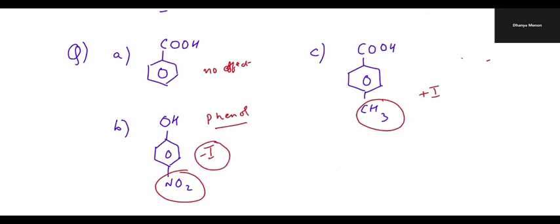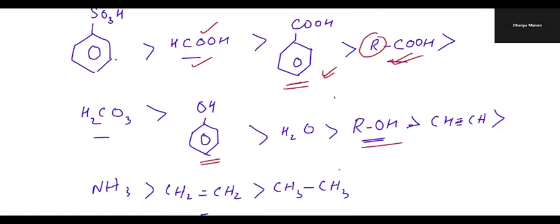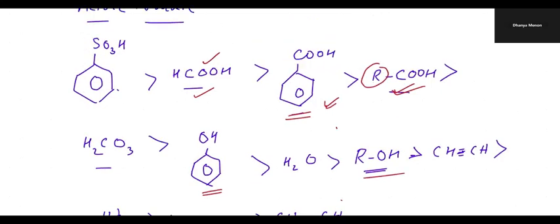Although we said that minus I effect means the acidity is more, here phenol is a weak acid. If we check also, phenol comes much after benzoic acid. So phenol is a weak acid.